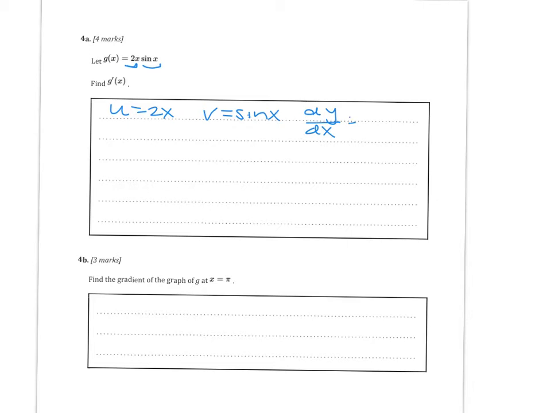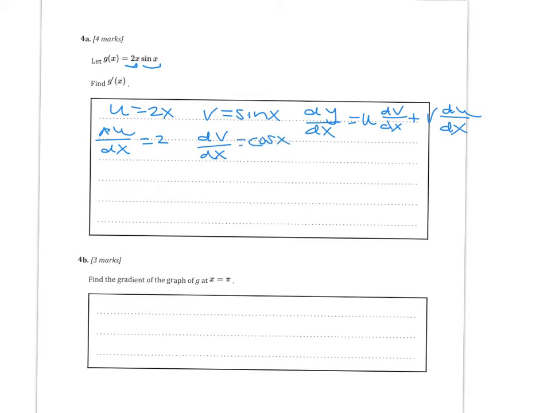And I'm going to go ahead and write it. I know it's a pain to write this every time, but if I haven't emphasized it enough on this video, it is worth your time. Okay, so there's our product rule. So we need to find what is du/dx, which is 2, and what is dv/dx, which is cosine of x.